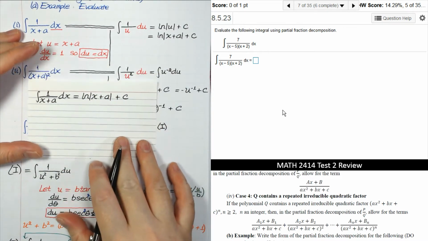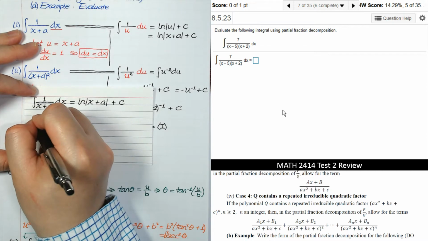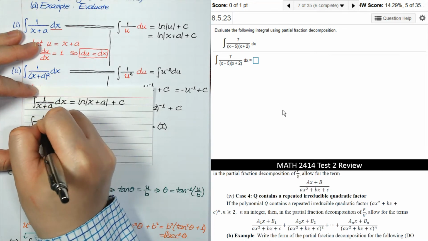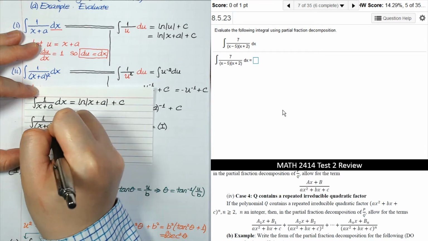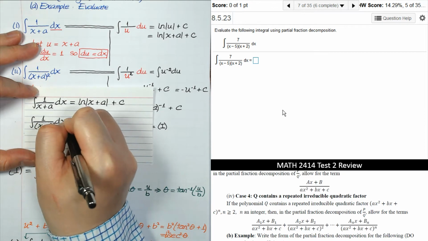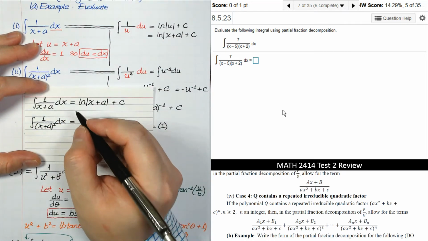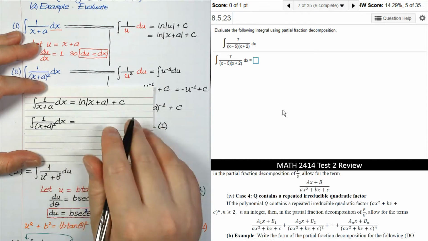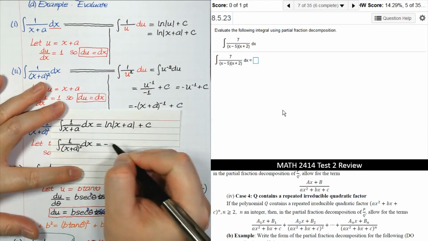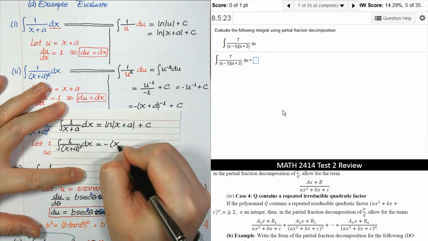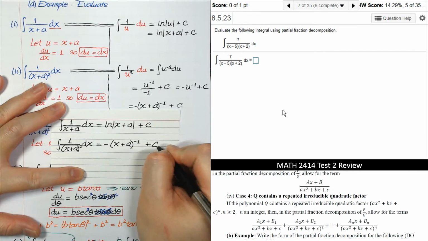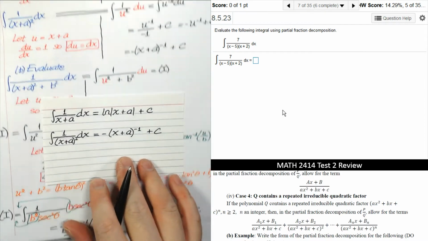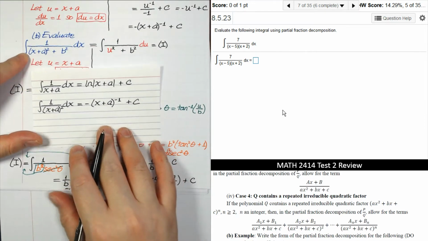Now what if we have a square? This is going to be negative (x plus a) to the negative 1 plus c. And finally we have that.